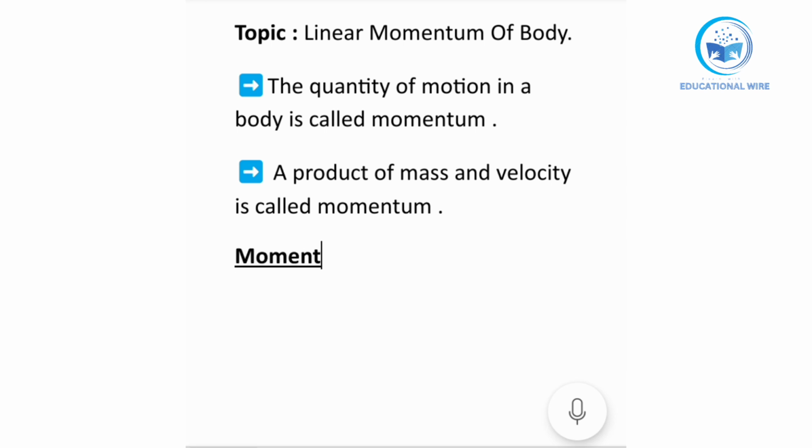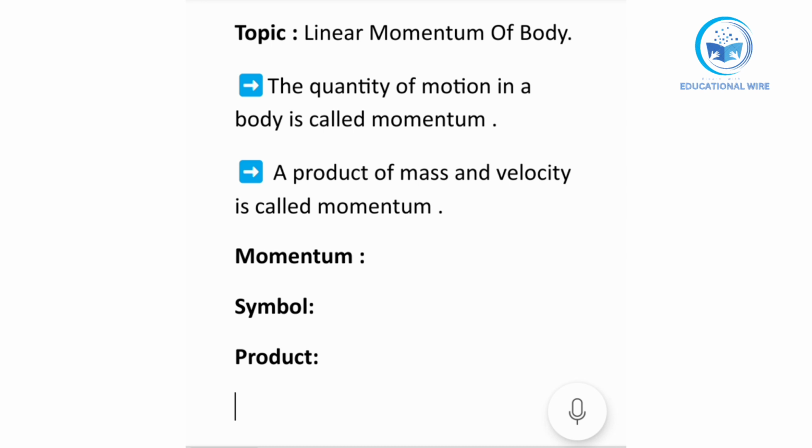So talking about momentum, first of all we will talk about its symbol. Secondly, we will talk about its product, that which kind of product it is.